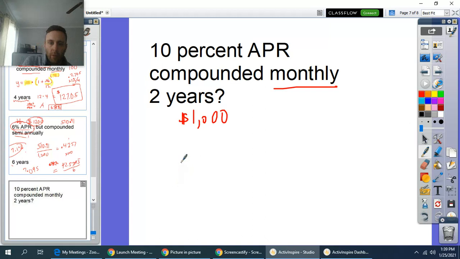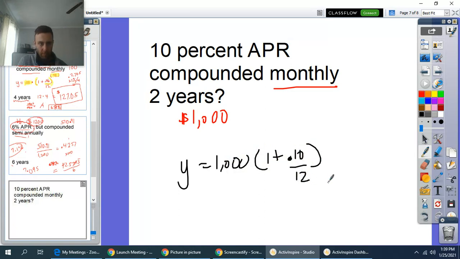Hopefully you did this. It's 1 plus 0.10, but we have to divide the 0.10 by 12 because it's monthly, breaking it into 12 parts. Then, since we're doing it monthly, how many times will I be multiplying it in 2 years? Well, 2 times 12, which I'm going to put as a 24 up here.